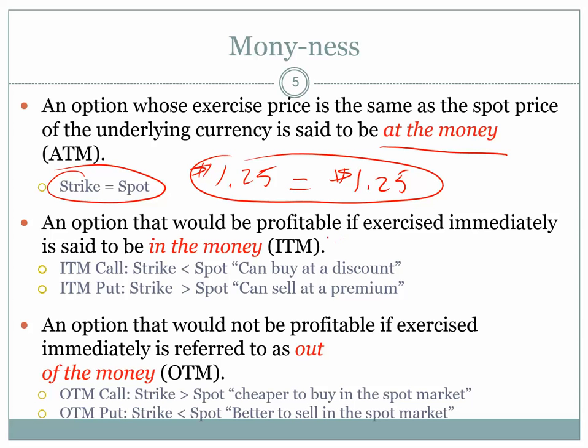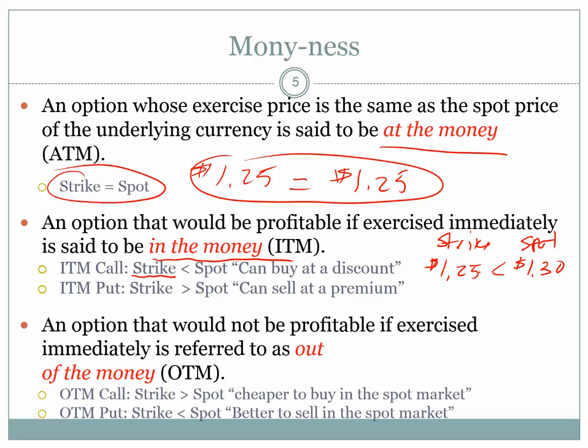An in the money option is an option in which if you exercised, you would make money. So for example, if you had a call option whose strike, say $1.25, is less than the spot price of the asset, say $1.30. Say that's my spot and this is my strike.